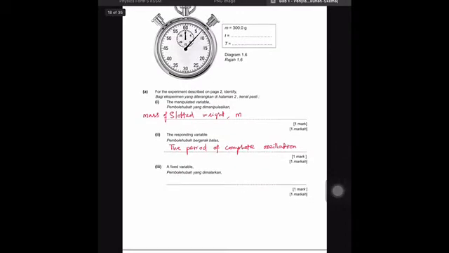What would be the fixed variable? What are the things that you don't change? Definitely there are a lot of answers here, but you only give one.